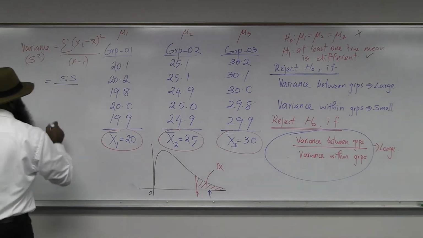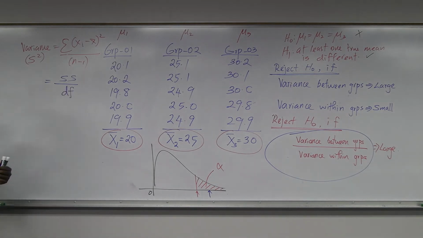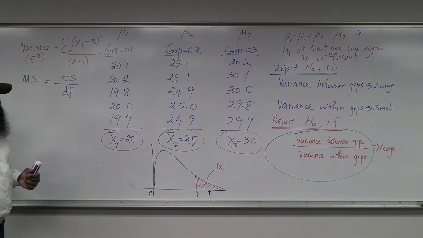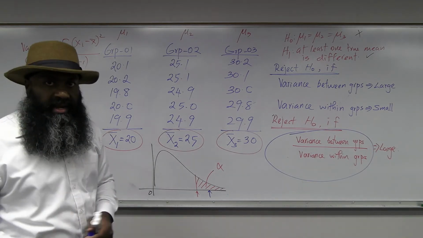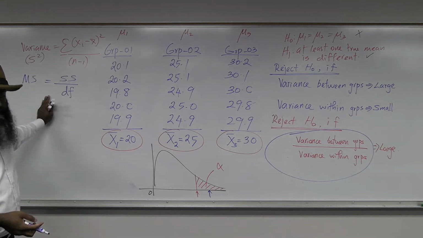So variance is also equal to sums of squares divided by degrees of freedom. Because variance is written as sums of squares divided by degrees of freedom, variance is also called mean squares. These terms are actually used in MS Excel. You will see when we do a data analysis using MS Excel for multiple mean comparison.